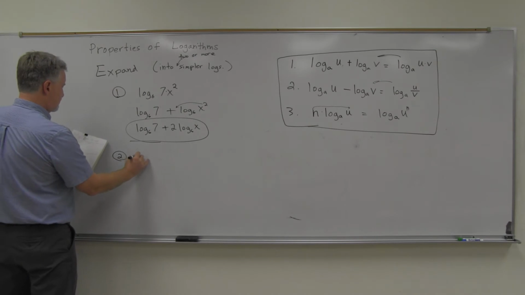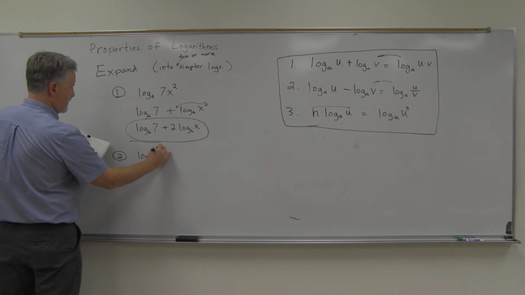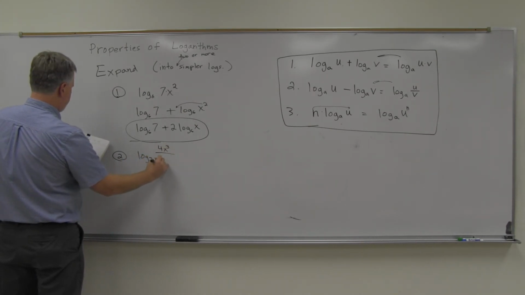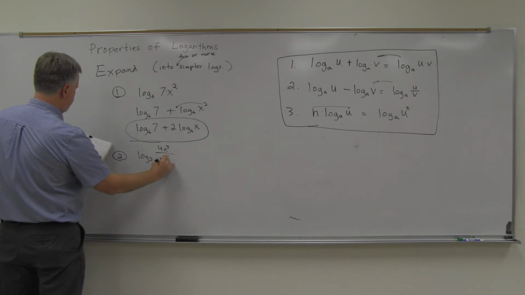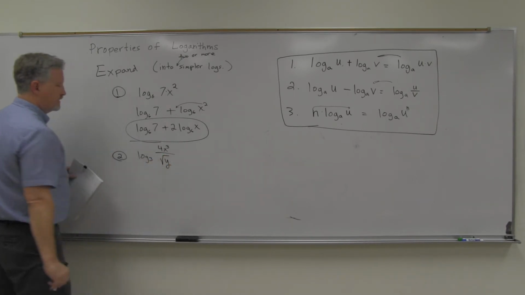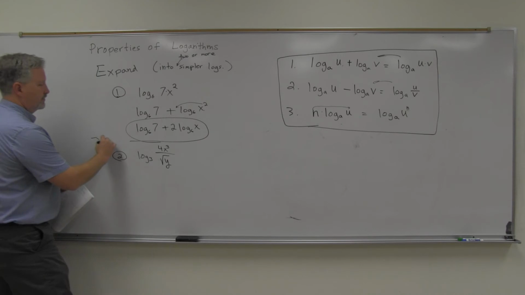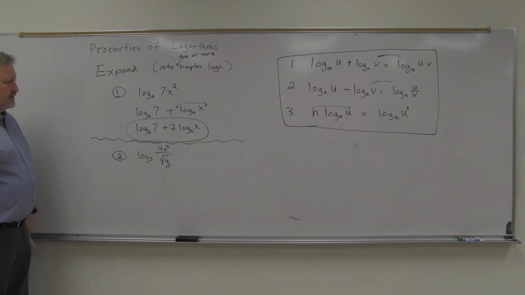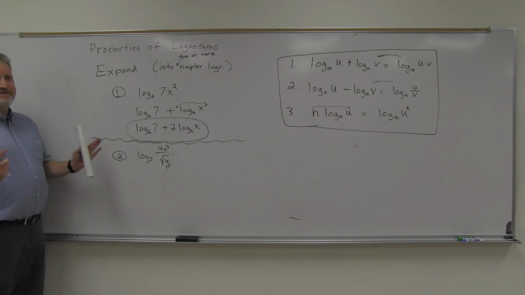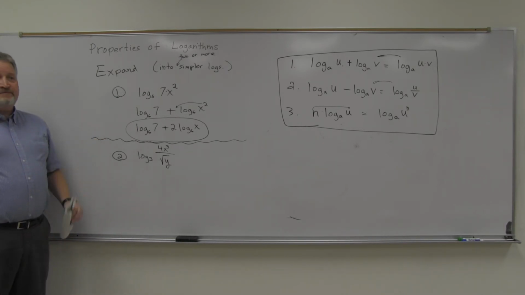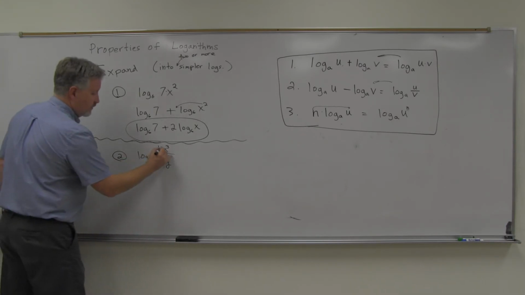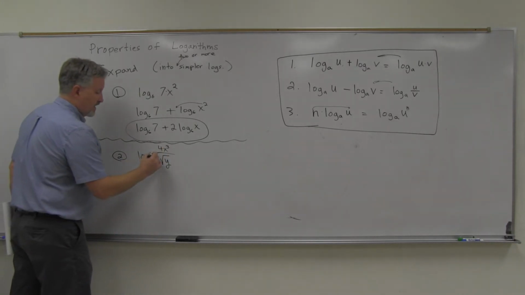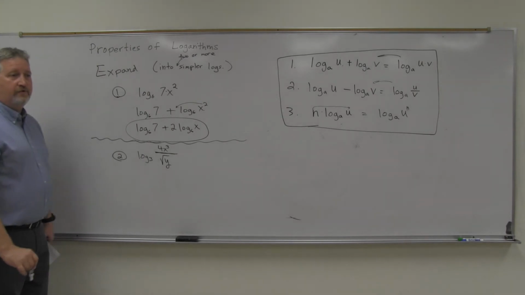Number 2 here, log base 3 of 4x cubed divided by square root of y. So I want to expand that into simpler logarithms. Well, hopefully there you see times and divide. So I've got 4 times x cubed, and then I've got divide by square root of y.